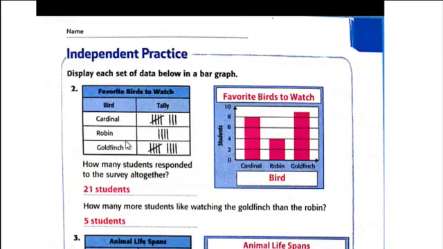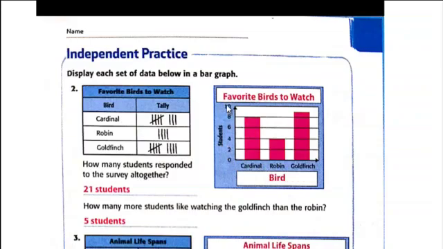Here, to display this data in a vertical bar graph, first write the title of this tally chart, favorite birds to watch. Second, draw 2 lines. A horizontal line includes the birds: cardinal, robin, goldfinch.